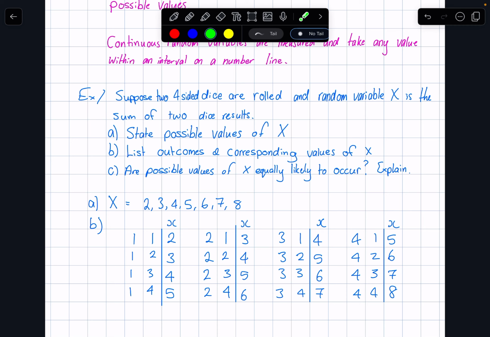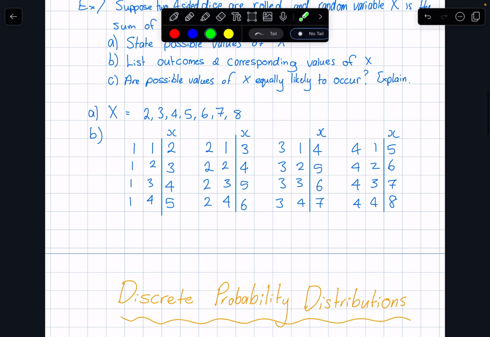So the probability of rolling a 5 is higher than the probability of rolling a sum of 2. That means the possible values of x are not equally likely to occur. So you've got to be really careful with values versus outcomes: values, and then outcomes that cause the value. Keep that in mind.